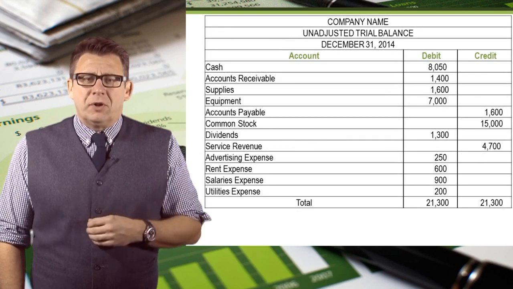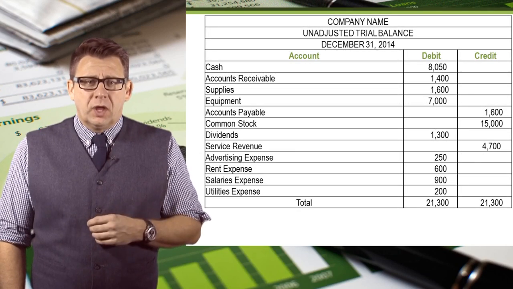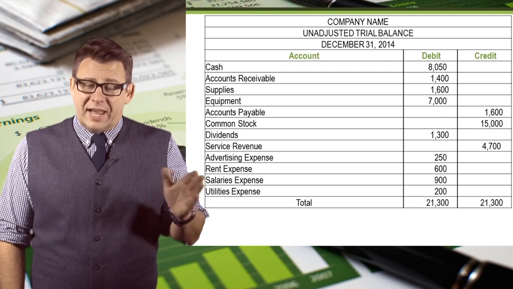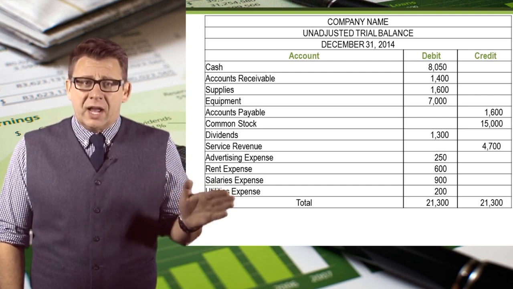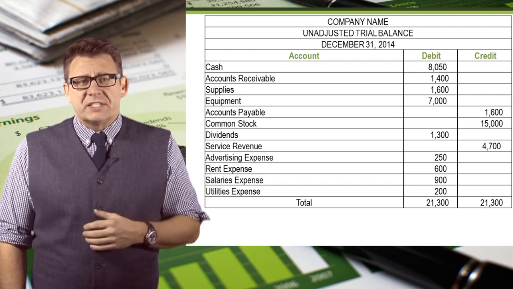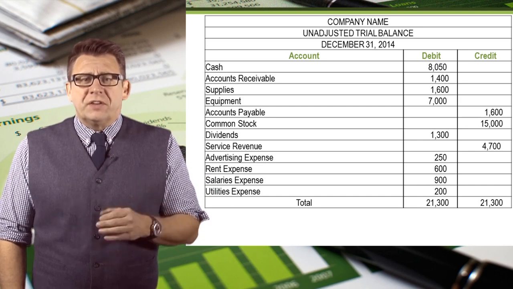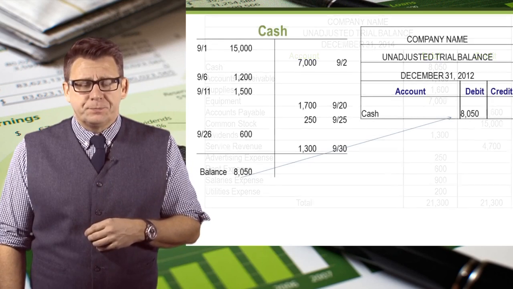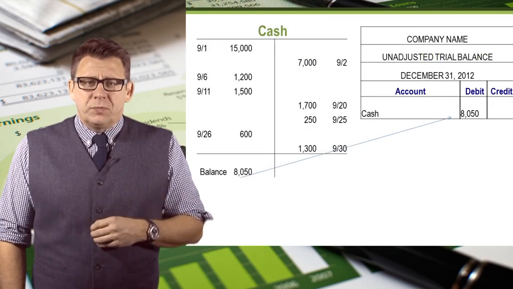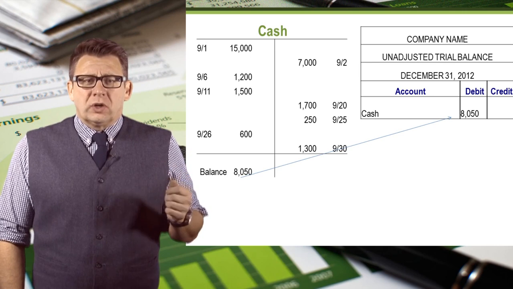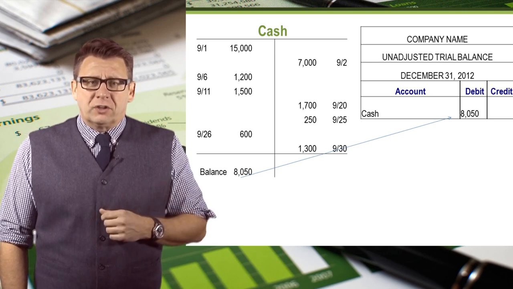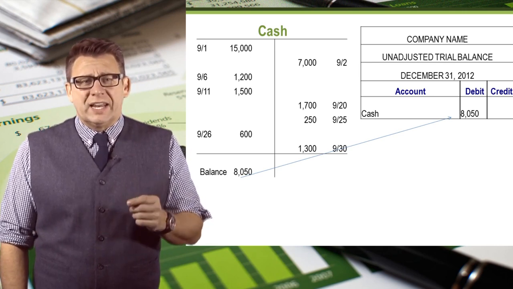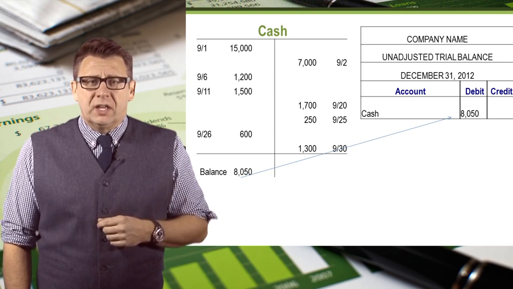Now here's an example of a trial balance. Notice the account order is assets, liabilities, equity, revenues, and finally expenses. Let's look at the details as to how we arrived at these balances. So in this example, all of the debits totaled $18,300 and all of the credits totaled $10,250.